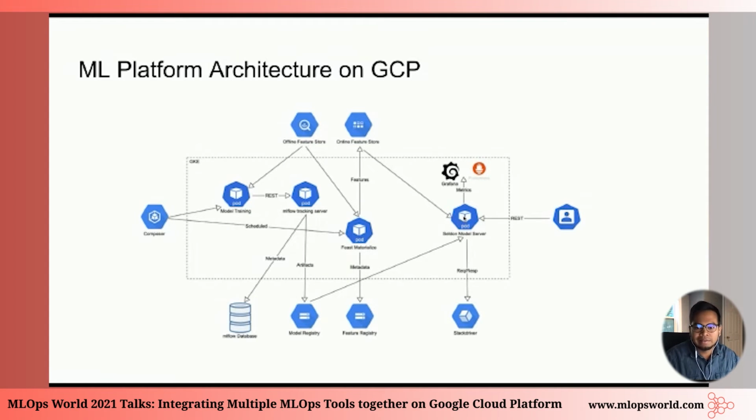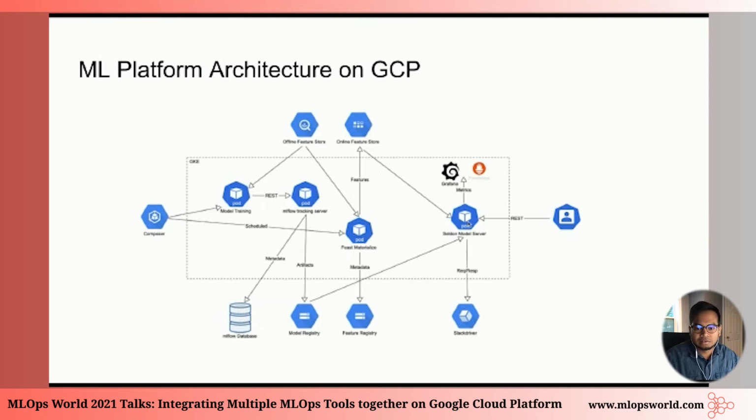When we are deploying this model serving application, it's loading the model from the model registry in Google Cloud Storage. And it is also loading the features for a specific request in real time from the online feature store, the Cloud Data Store, and using these features to predict and serve the response back to the user.